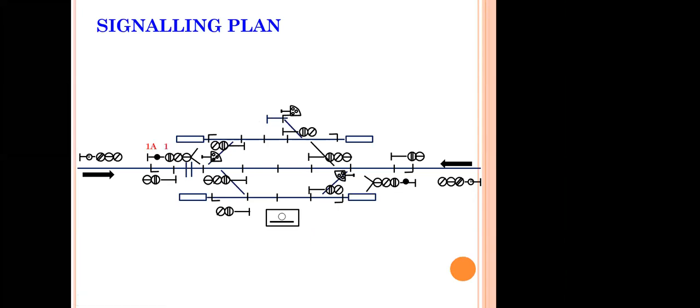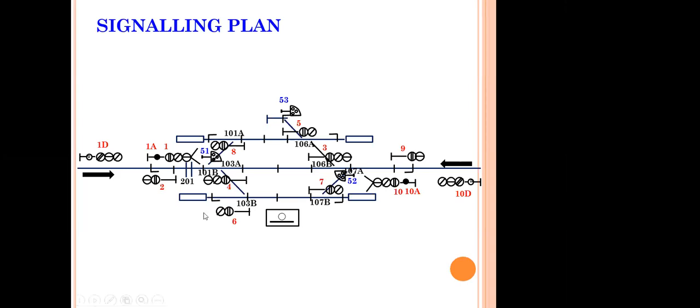Let's go next. With that reference, we have given the numbers here. These are the different numbers we have given for the signals, points, and the level crossing gate. Now, if you see here, as per the station master, the numbering is not correct.